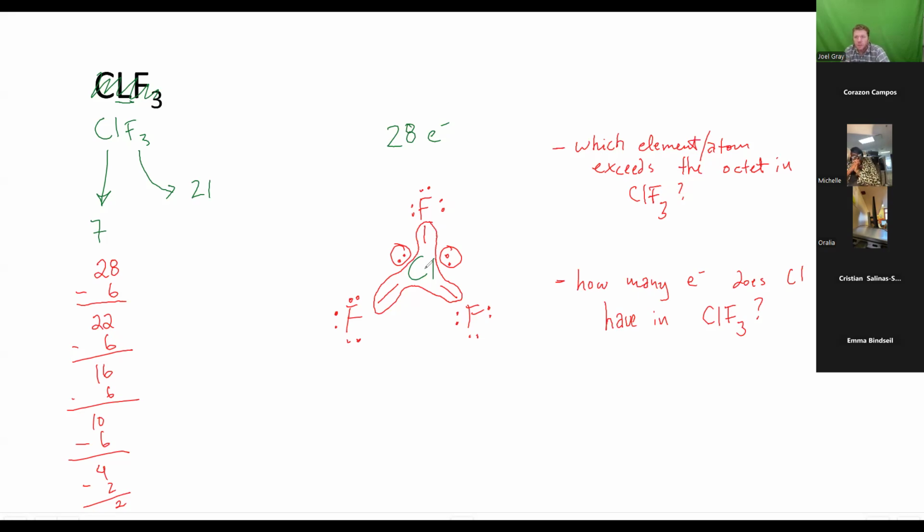So lone pairs of electrons and shared or bonded pairs of electrons are used for this count. So considering that, how many electrons does chlorine have in ClF3? That's right, it's 10. You have to account for all of those total electrons.